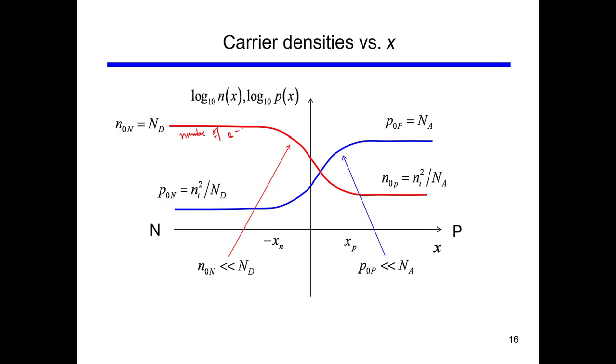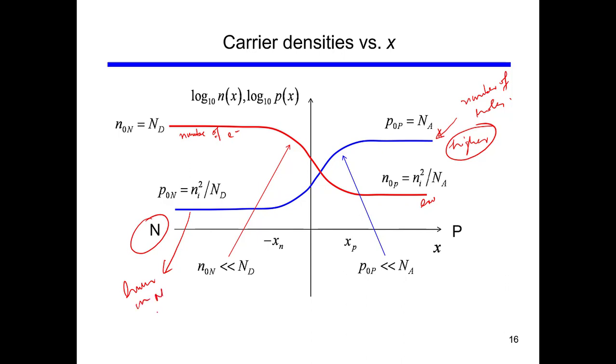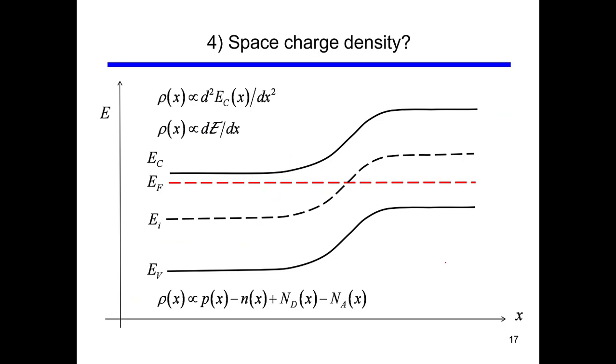The number of electrons is higher on the n side and low on the p side, and the blue curve represents the number of holes, and it is higher on the p side and lower on the n side. So this is the charge density.